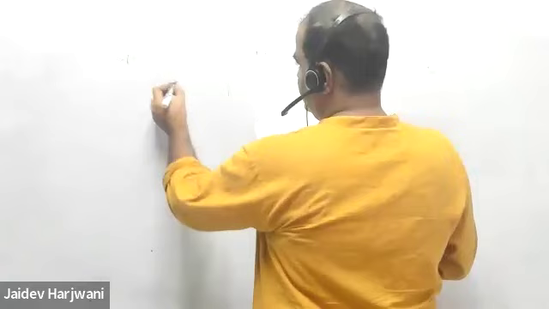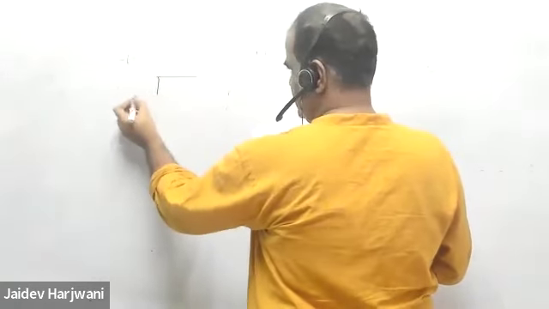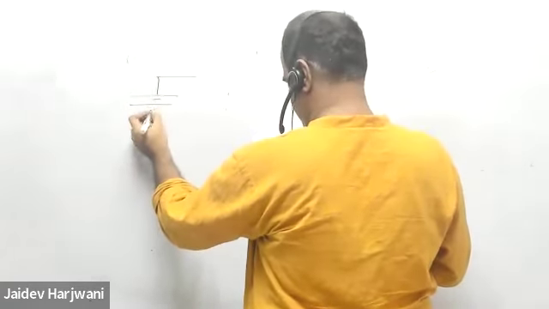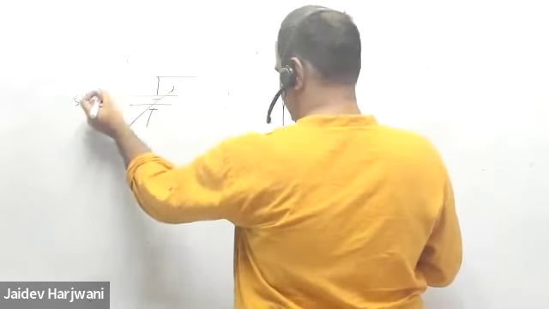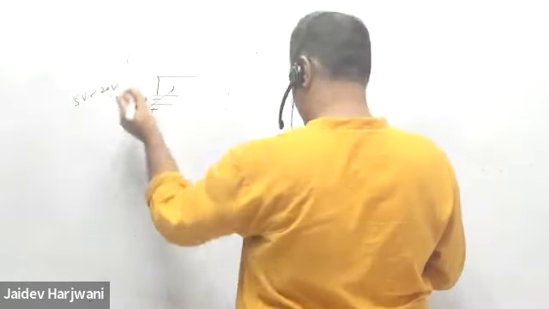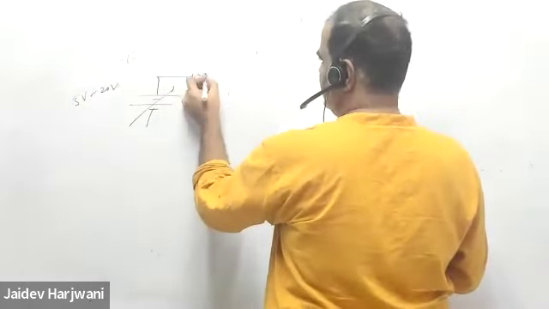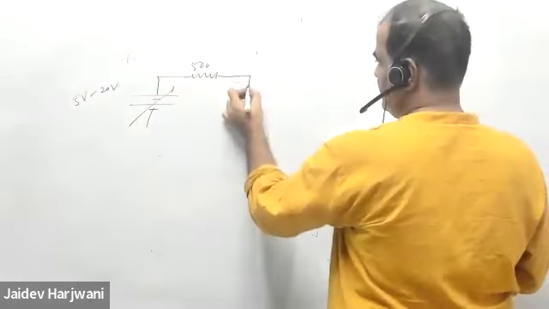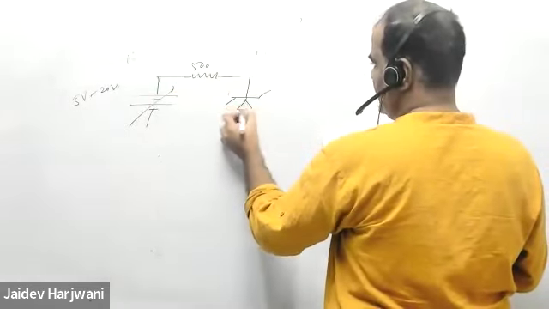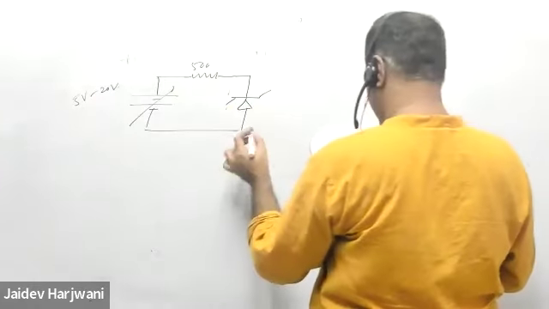Say I'm giving you a 5 volt, and this is your 20 volt, and this is your 500 ohm resistor here. This is your Zener diode.